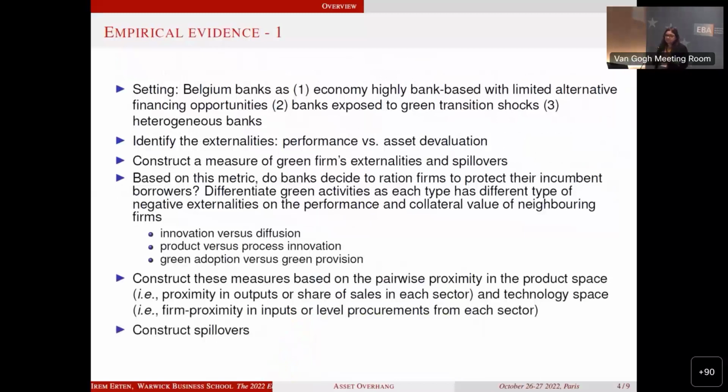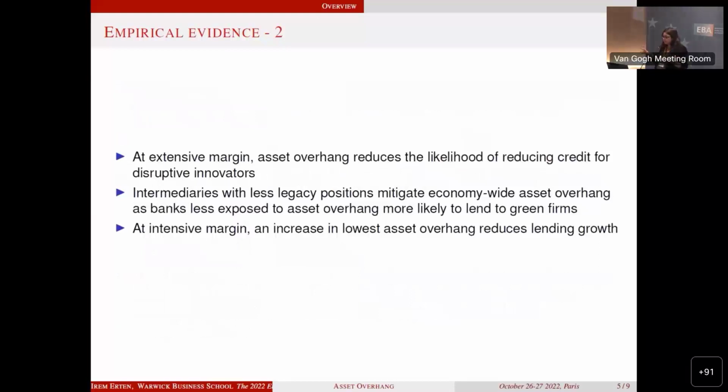Empirical evidence, they find support for this prediction in this Belgium setting. They look at externalities again, both in terms of performance and asset devaluations, and then they construct pairwise measures that would allow them to quantify these externalities, and then they do quantify these externalities before testing this rationing effect. And what's the key finding they have?